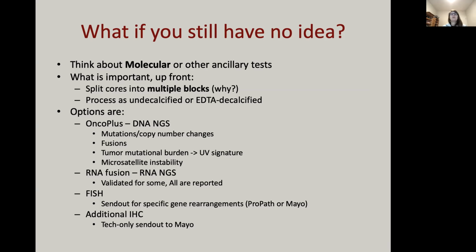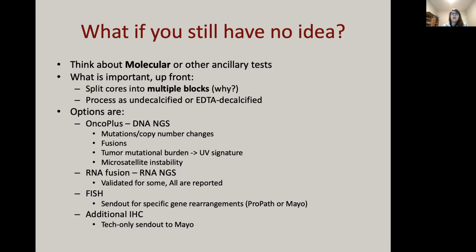You can't. So you can do 30 immunostains on one block, 30 on another, 40 on another, and then you still have one block left for molecular, right? So split them out, okay? Always process them either as undecalcified or EDTA decalcified if needed. Don't let these things touch HCl, as you probably know.